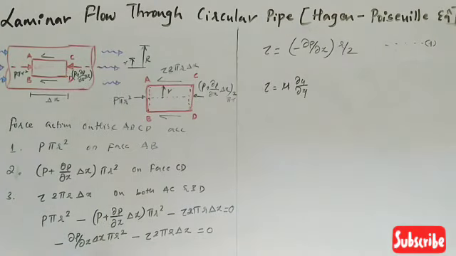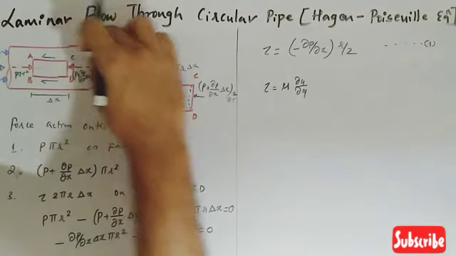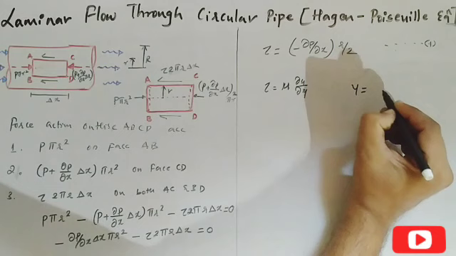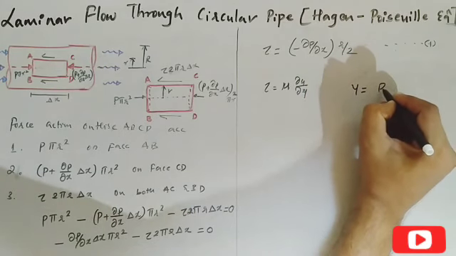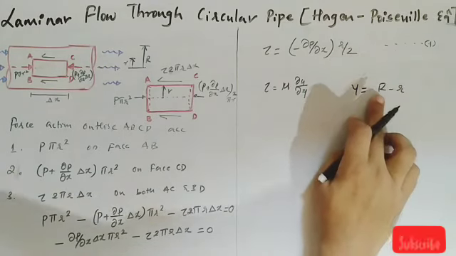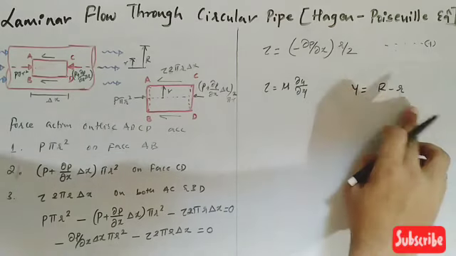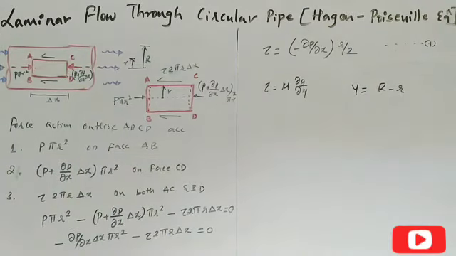This y is measured in terms of r, because we are considering circular pipes. So I will consider capital R minus small r, so that I get the exact y. So y will be equal to R minus small r. This is the radius of the main pipe, and this is the radius of the cylindrical element. So that section we have considered.